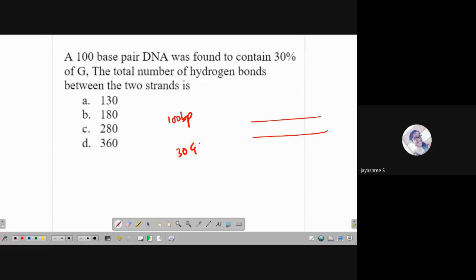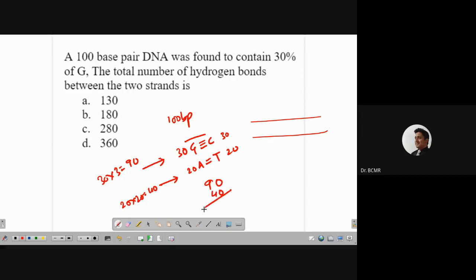And 30 also C, yes, and the remaining is 20 A and 20 T. 20 A, which is 2 hydrogen bonds, and 20 T. So 30 into 3 equal to 90 hydrogen bonds between G and C. Between A and T, I have 20 into 2, that's equal to 40. So 90 plus 40, that's 130. Yes, 130 should be the answer.